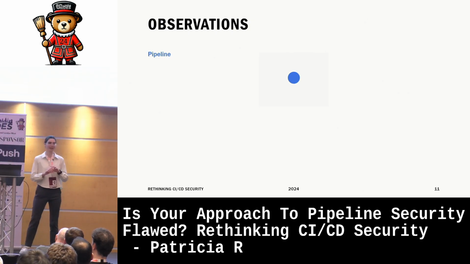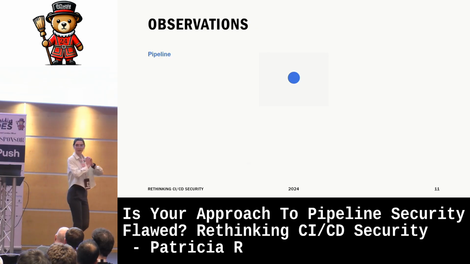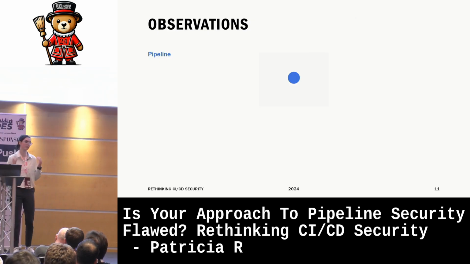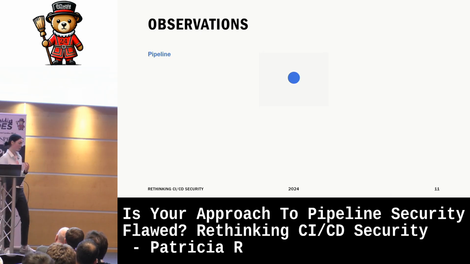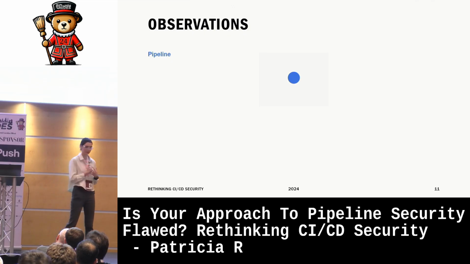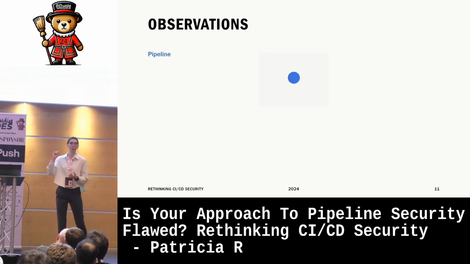The blue dot there represents just the high-level pipeline concept, the pipeline definition. So that's just the recipe. Let's call it the recipe. Now imagine you create a pipeline in whatever pipeline system you have, and then you run the pipeline.